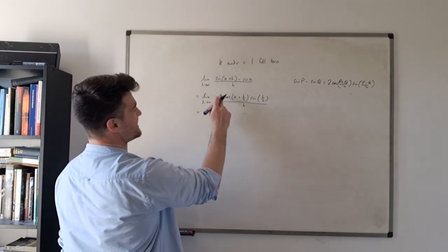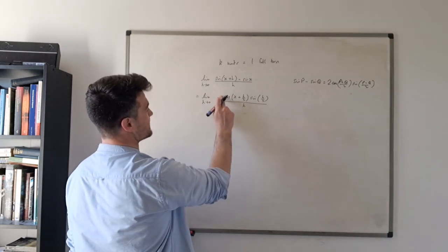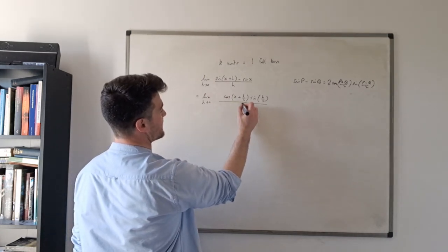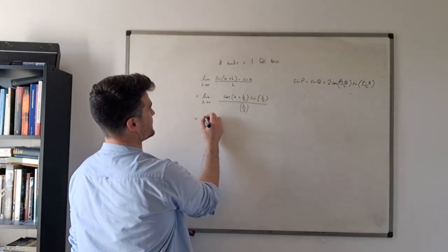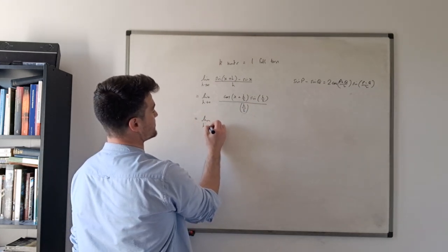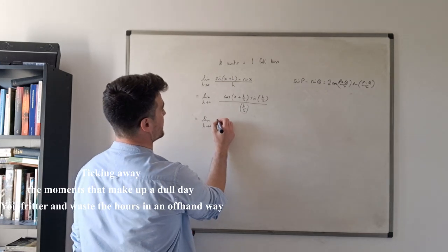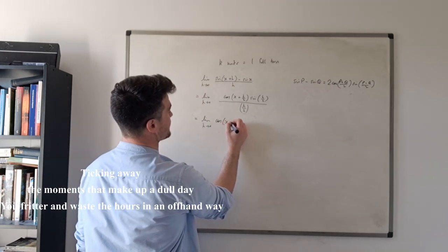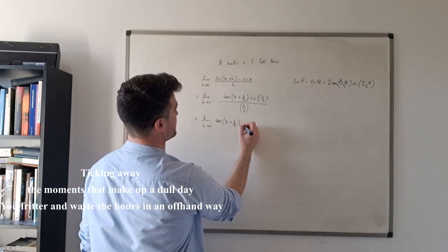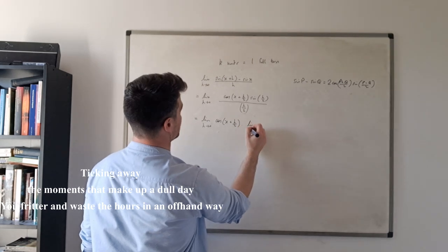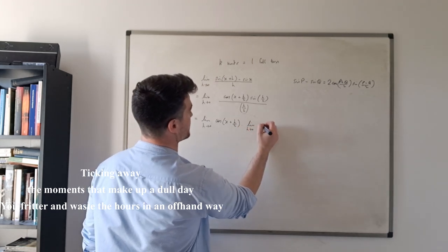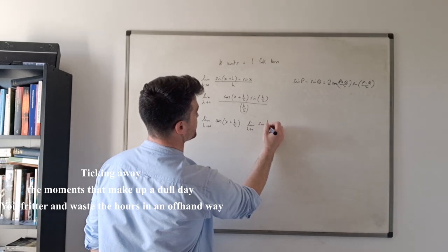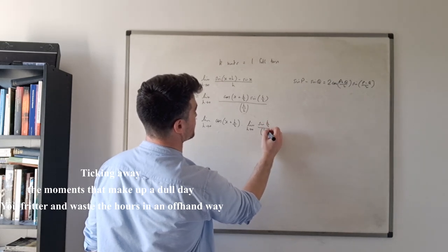This 2 is in a bit of an awkward place for what I want to do, so I'm going to bring it down here. So this is equal to the limit as h approaches 0 of cos (x plus h over 2) times the limit as h approaches 0 of sin (h over 2) over (h over 2).